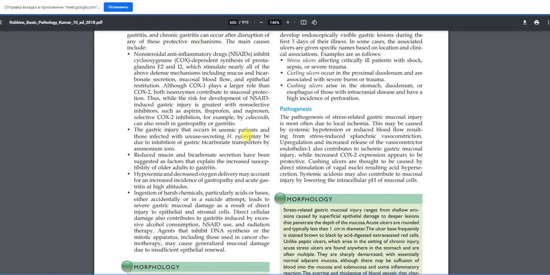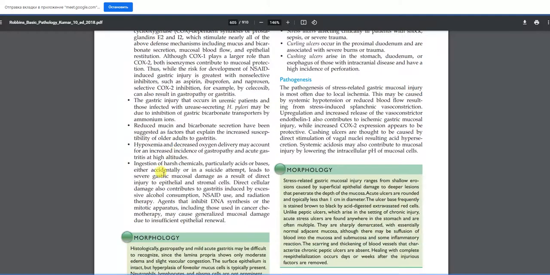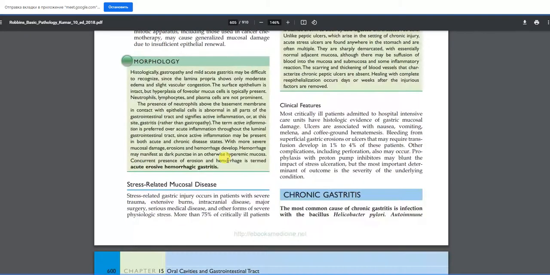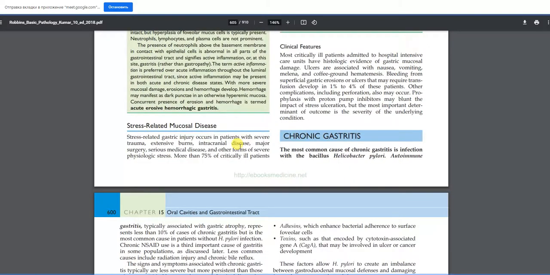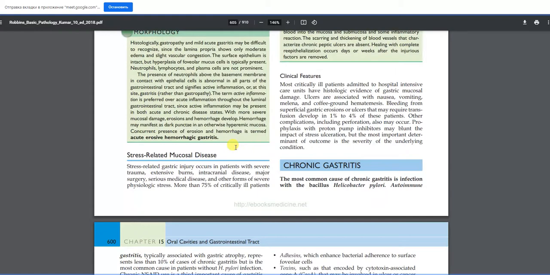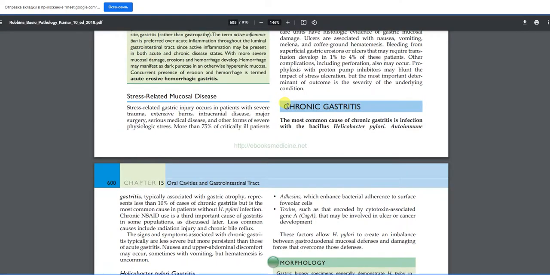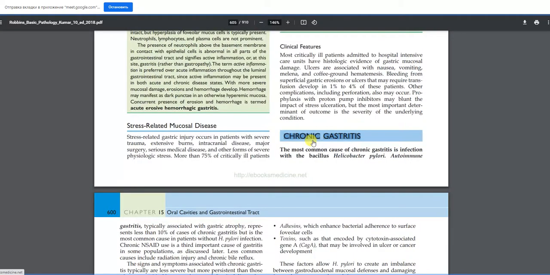So kidney insufficiency, kidney failure, might also lead to internal bleeding. Reduced mucin and bicarbonate secretion have been suggested as factors to explain the increased susceptibility of older adults to gastritis. Okay, that's understandable. Then we have remaining chronic gastritis. We'll discuss it in the next lecture, along with the small intestine and large intestine pathology.